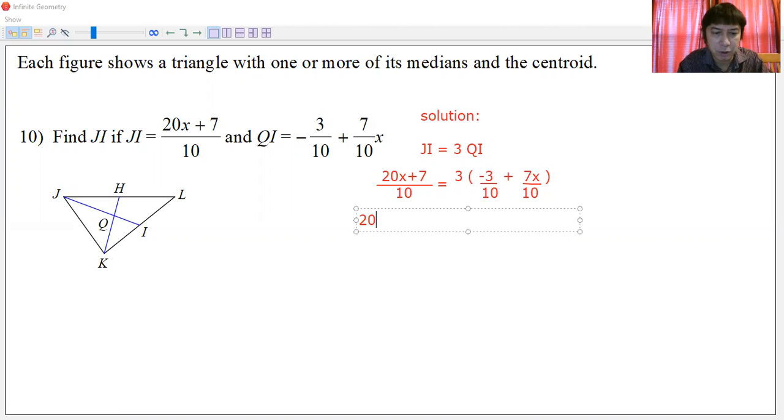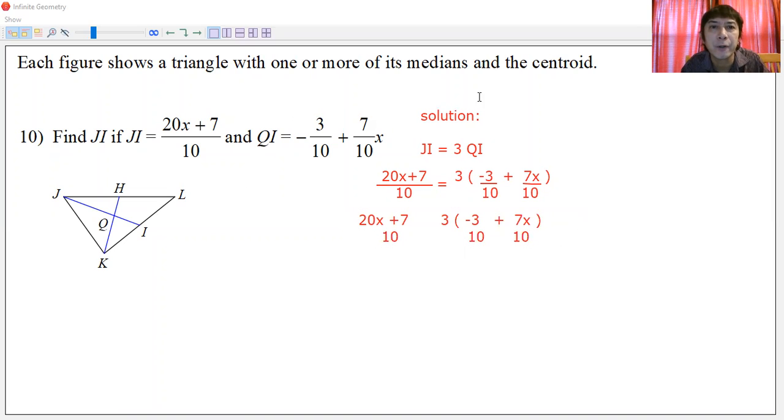We have (20x plus 7) over 10 equals 3 times the quantity (negative 3 plus 7x), all divided by 10.